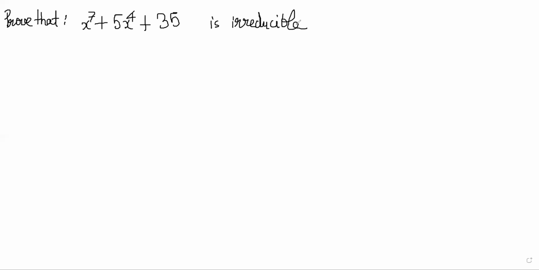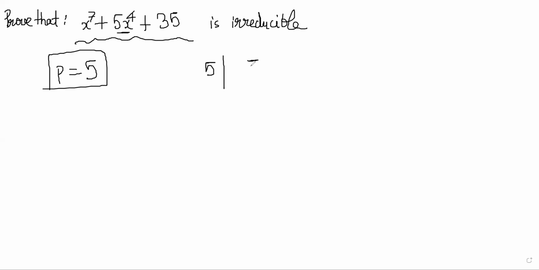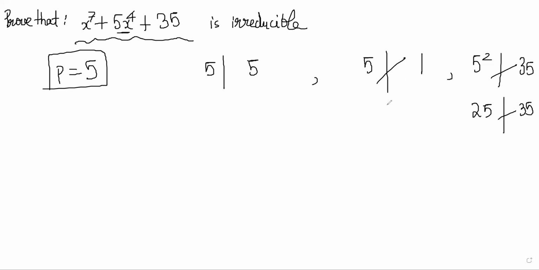Prove that x^7 plus 5x^4 plus 35 is irreducible. So the obvious candidate here is take prime number 5. So we can see that 5 divides 5, right? But 5 does not divide 1 and 5 squared does not divide 35, right? 5 square is 25. 25 does not divide 35 and 5 does not divide 1.